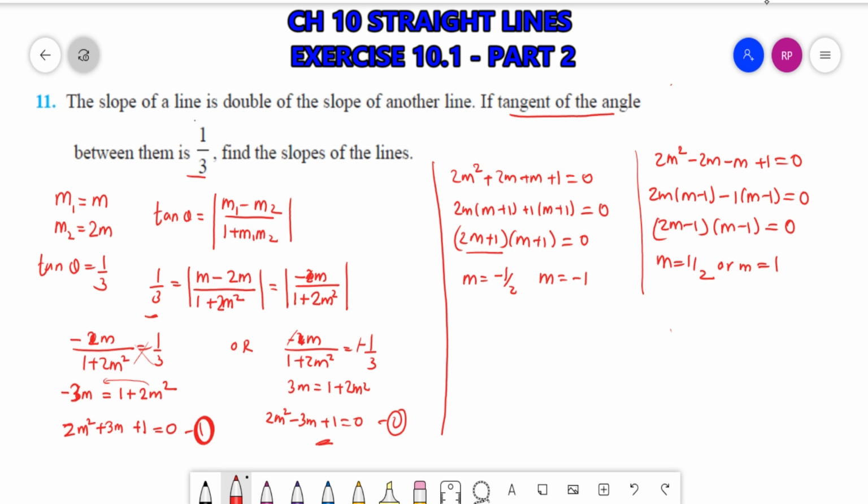If m1 is minus 1 by 2 and minus 1, then m2, which is 2m, will be minus 1 and minus 2. In this case, when m1 is 1 by 2 or 1, m2 will be 2 into 1 by 2, that is 1, and 2. So these are the slopes of the line. Okay, so this was about question number 11. So just note it down.